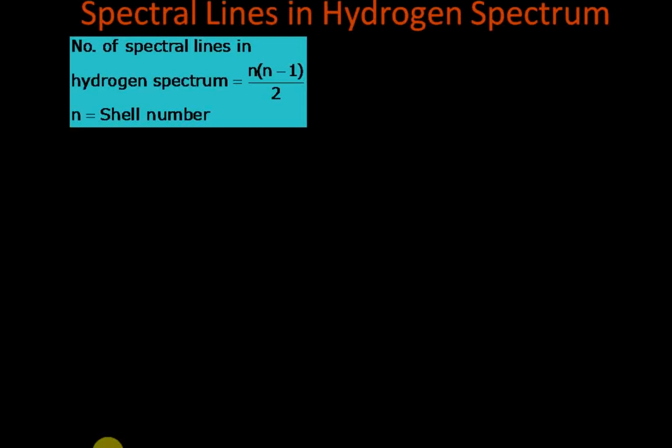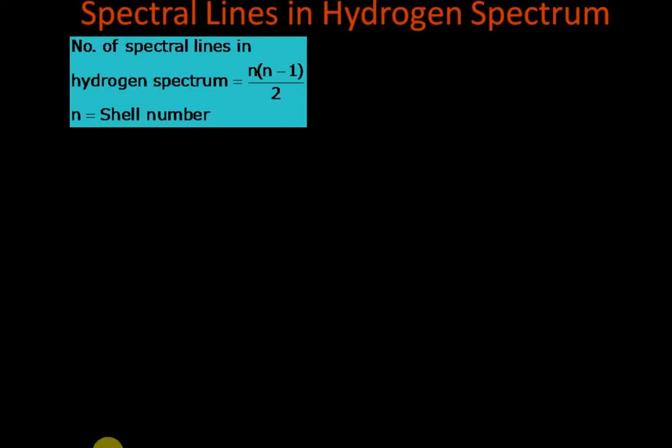Suppose the transition of an electron is taking place from n equal to 4 to the lower energy levels, then the number of spectral lines obtained will be equal to 4 into 4 minus 1 divided by 2, that is 4 into 3 divided by 2, which is equal to 6.